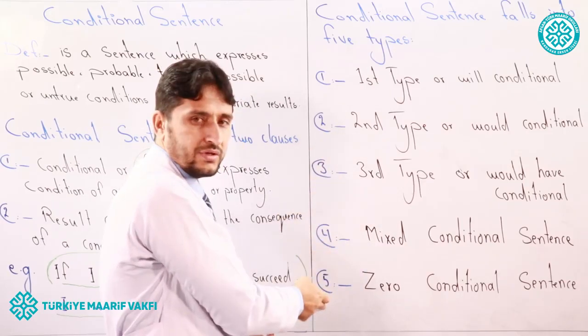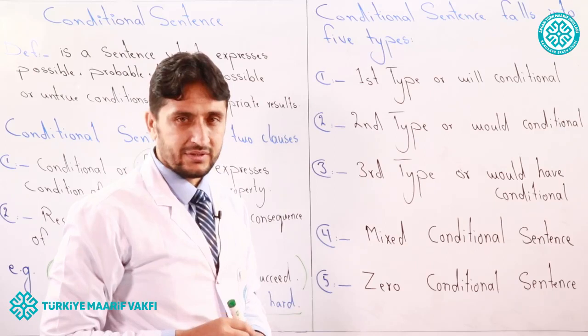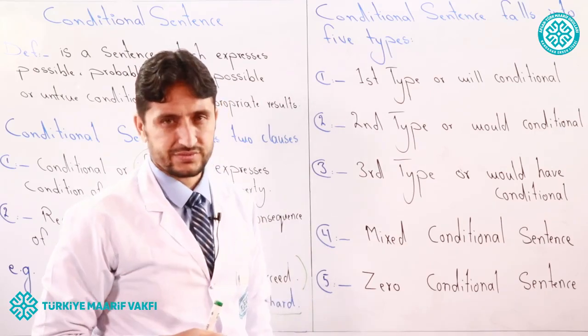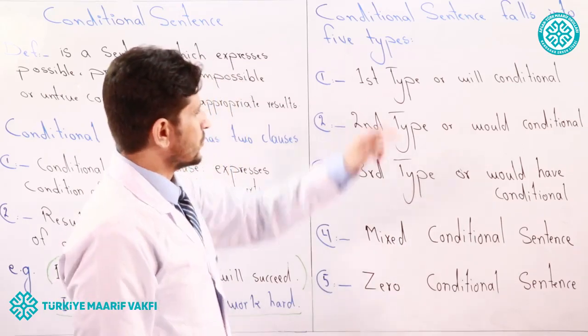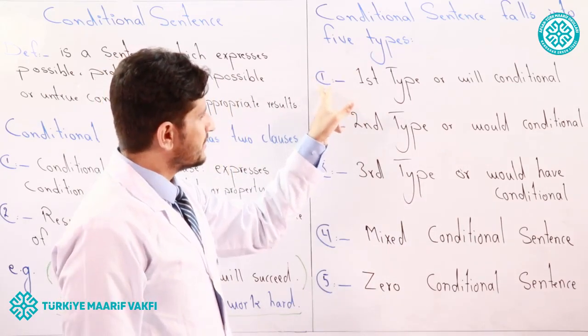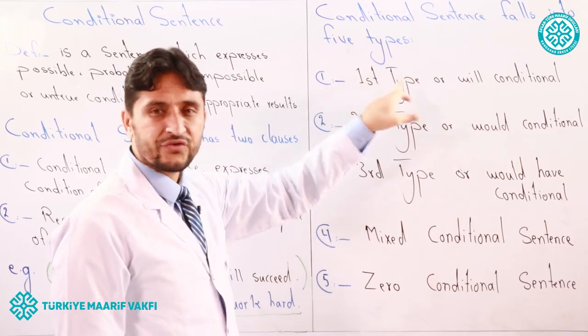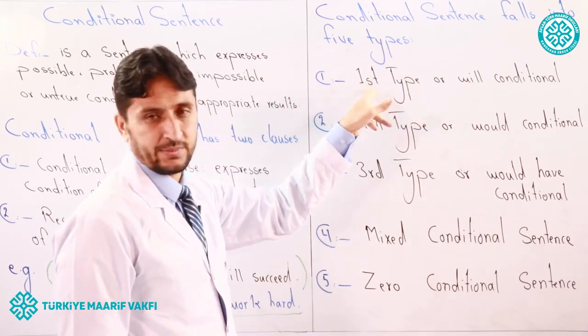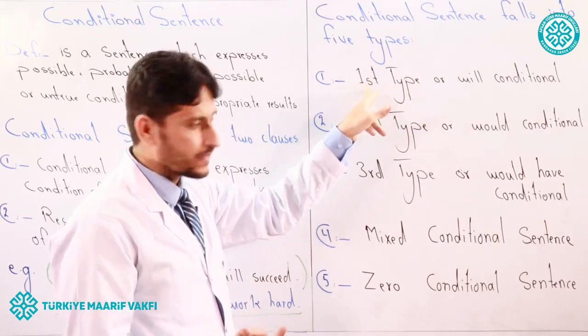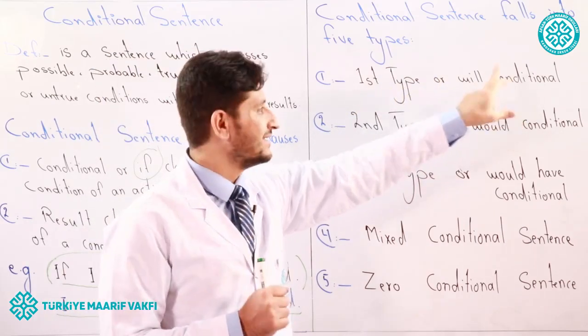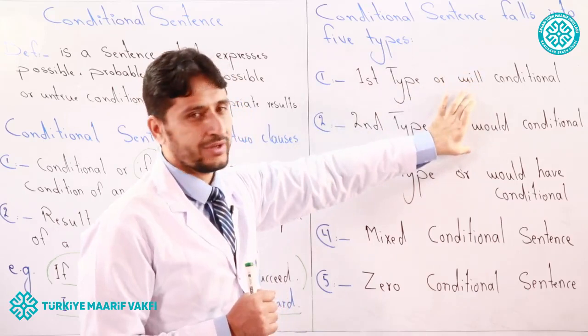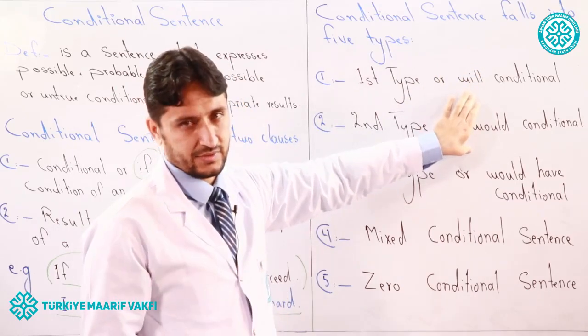Mixed and zero are not quite common, but they are sometimes used. They are rarely used. So the first type is called first type, or will conditional. We will study each and every one step by step.